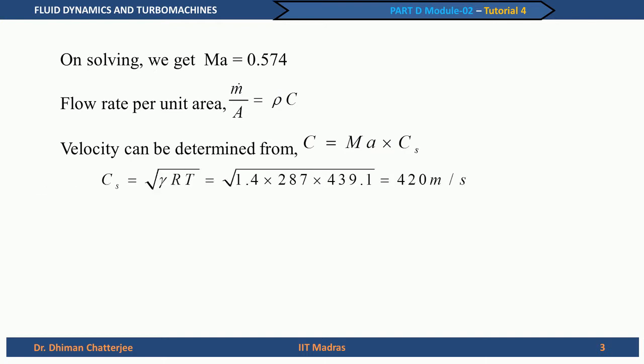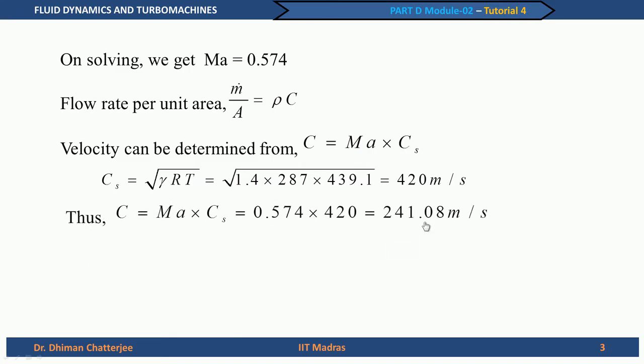And cs can be found out by using the relationship square root of gamma RT, and for the temperature 439.1 Kelvin that gives 420 meters per second. So, cs is 420 meters per second, which gives me c to be 241.08 meters per second.